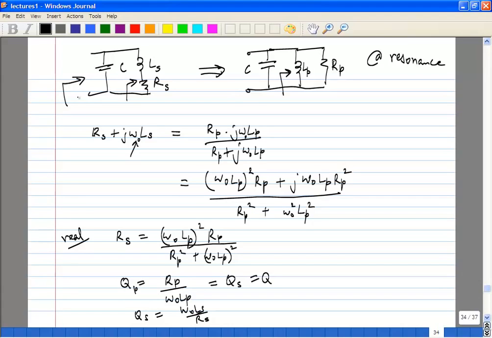And that is the reason why what you're saying is right, if you take into account that LP and RP will be frequency dependent terms. We are trying to find frequency independent terms, right? You're right. Any network you take, you can find an input impedance which will in general depend on frequency, right? So you are trying to find simpler networks around resonance. Did everybody get that? In general, they are going to be frequency dependent, right?